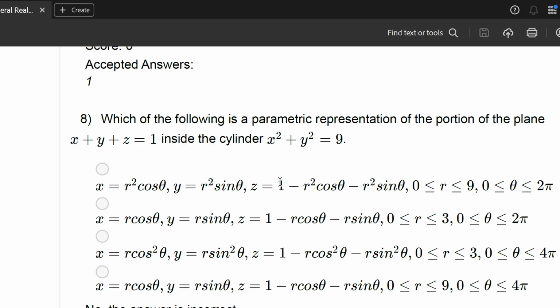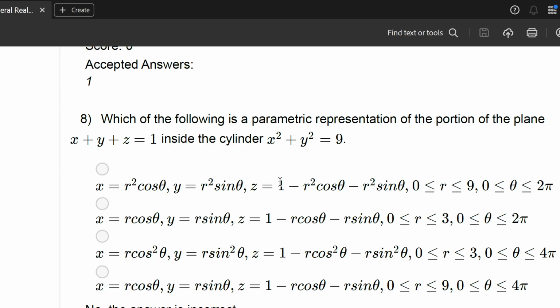If you take the parameterization of the cylinder, then automatically it will come for the plane in terms of whatever parameter you take for the cylinder. If you first take the plane, then the cylinder, you cannot reach, because the plane is small here and the cylinder is big. Plane is inside the cylinder, that you should understand. Then the parametric for the cylinder will give you the parametric for the plane.